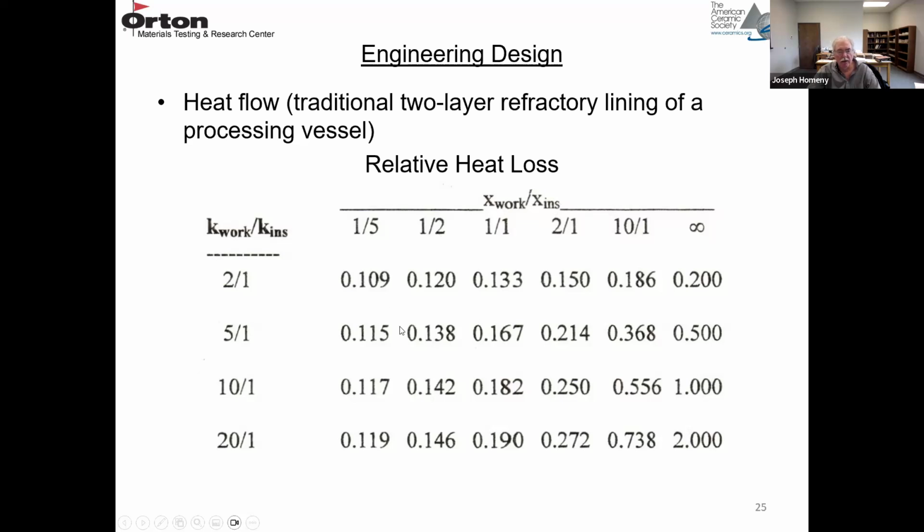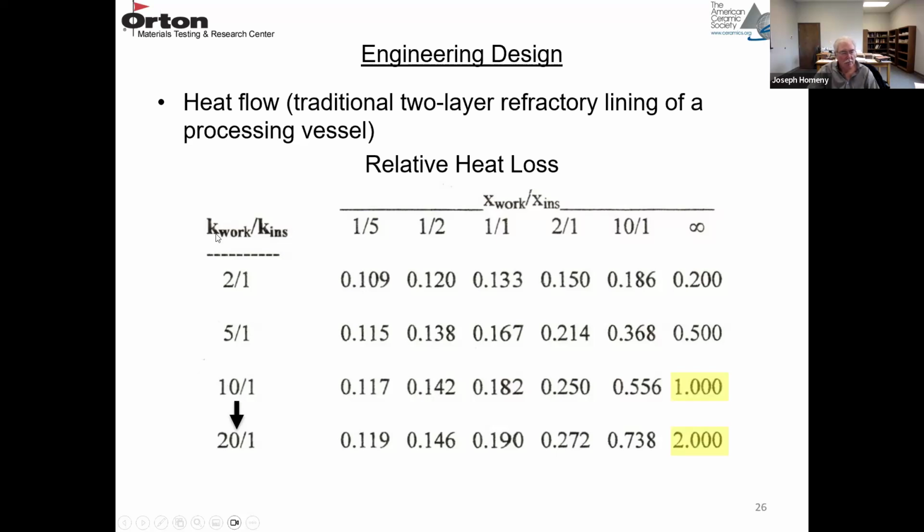So when you use that equation and calculate the various numbers, up here is the lowest, 0.109, and over here is the highest heat loss, 2.0. So a couple of examples here.